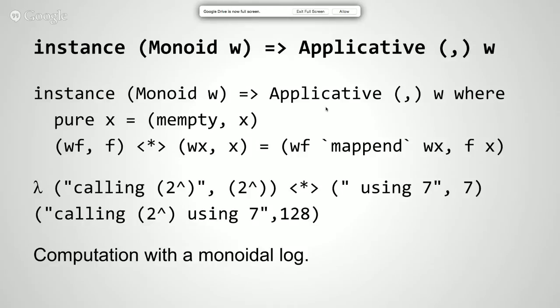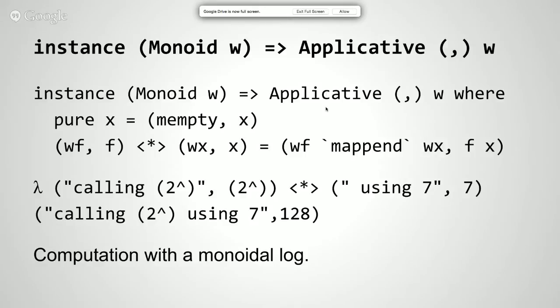So, if you have a monoid W, then pair W is an applicative, or essentially values annotated with that monoid W. So the pure X is annotated with mempty, and if you have F and X in this context, so they each have an annotation WF and WX, you get the pair that mappends the WF and the WX, and it returns FX.